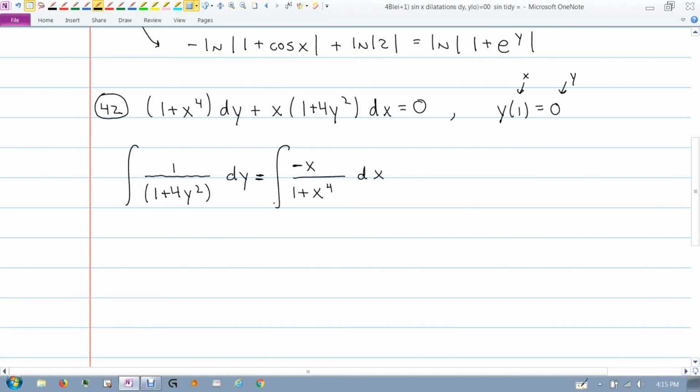I'm trying to figure out how I want to do this. Okay, so let's do something. This integral over here looks a lot like a formula that we have for arctan, but I'm going to factor a 4 out of the bottom first. So watch what happens here. If I factor a 4 out of the bottom, I'm going to get a 1/4 here, 1 over, and then if I'm factoring out a 4, then I'm going to need a 1/4 here plus y squared dy.